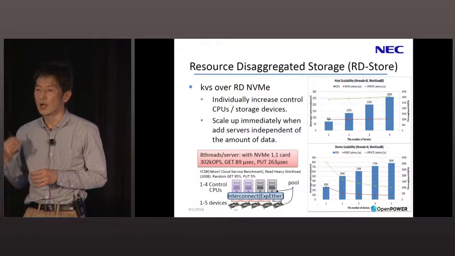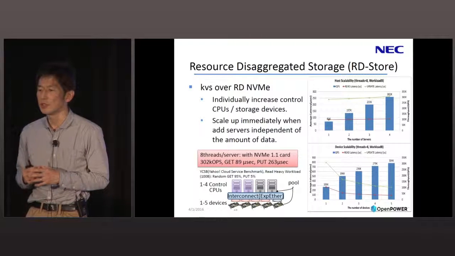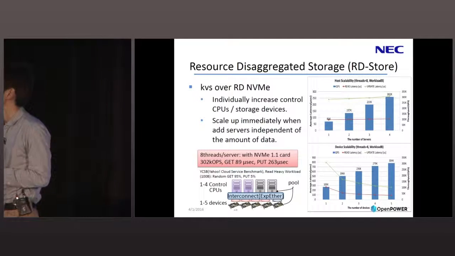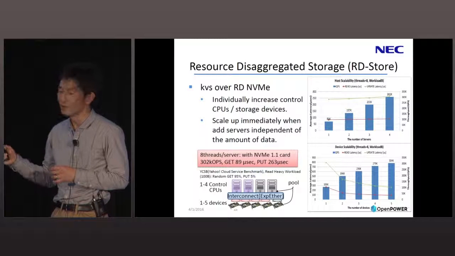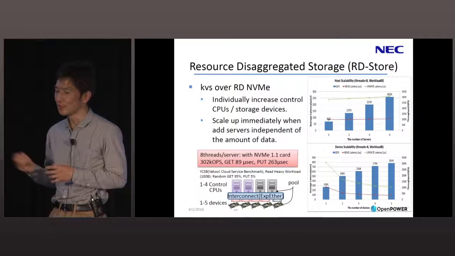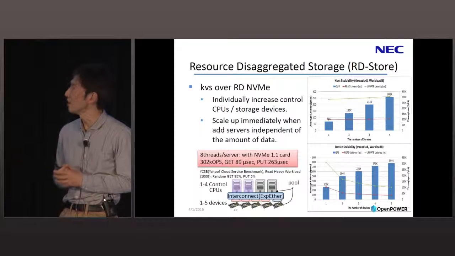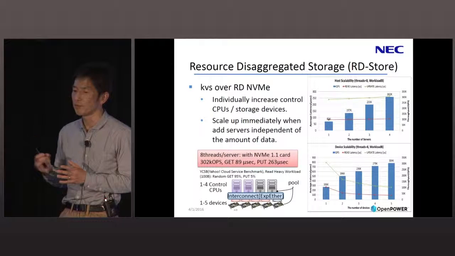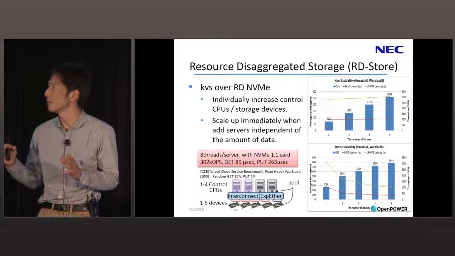It allocates data not in the local storage, but in the external NVMe storage. And that external NVMe storage is shared by using the function of ExpEther. By using ExpEther, an SR-IOV compliant device can be shared from multiple hosts.